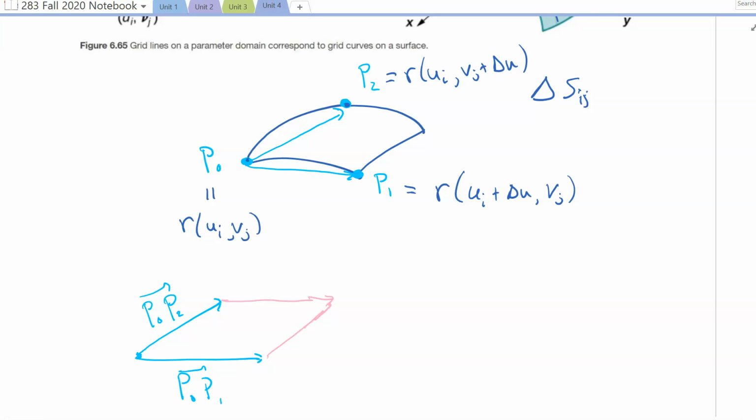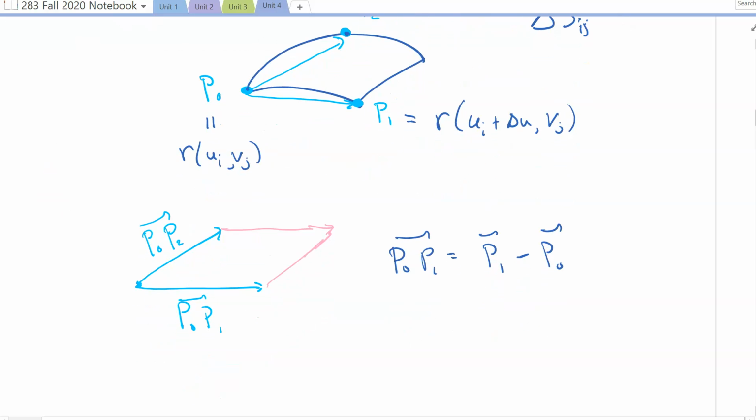Now, from our previous work this semester, we know how to connect two vectors together. So if we look at P0 to P1, we know that as vectors we do the vector difference P sub 1 minus P sub 0. All right, let's write one of these out on this page, and then we'll continue on. I have it typed on the next page. So putting that in terms of what these vectors actually are under the parameterization, it's going to be P1, which is r of u sub i plus delta u, comma v sub j, minus r of u sub i comma v sub j.